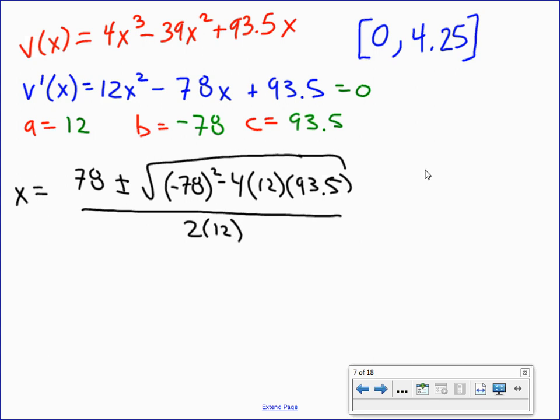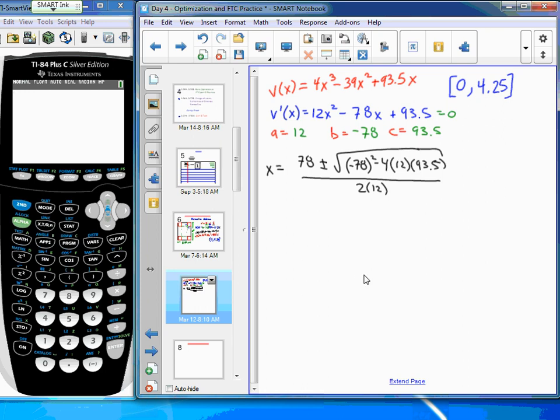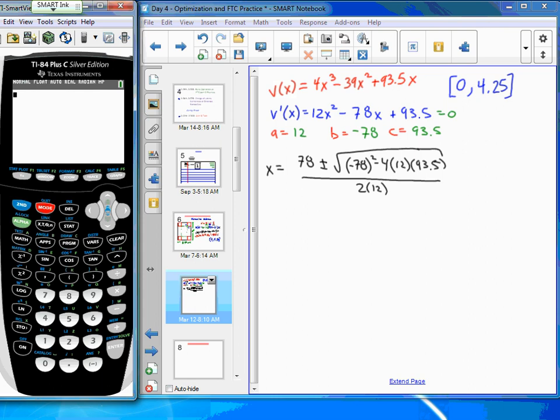All right, I see no problem going to our graphing calculator home screen. Remember, we're using second calculate maximum or second calculate minimum to optimize. We're just going to our home screen to evaluate that to get our critical value. So I see no problem in doing that. Let's go ahead and go to our home screen. And on our home screen, I'm just clearing out, and I'm going to go ahead and enter 78 plus second radical.